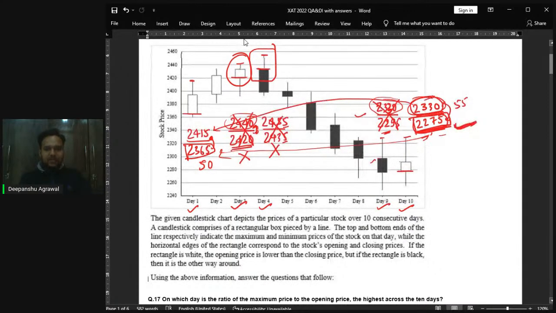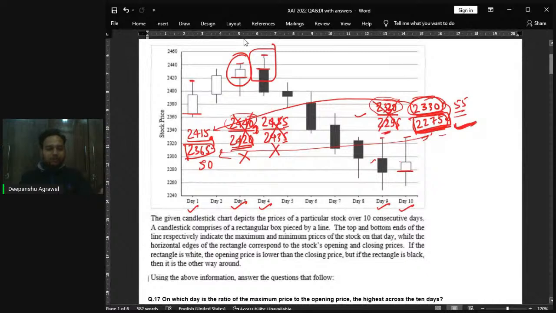I think you should all know how to compare these types of ratios. That is a completely different domain. I'm expecting that you all know these tricks, how to take the difference and how to compare the ratios and fractions, right?